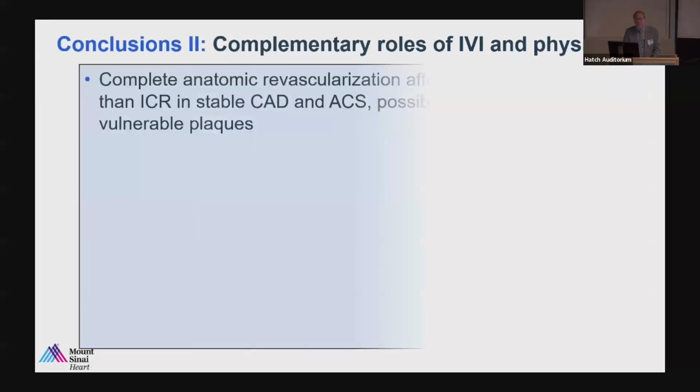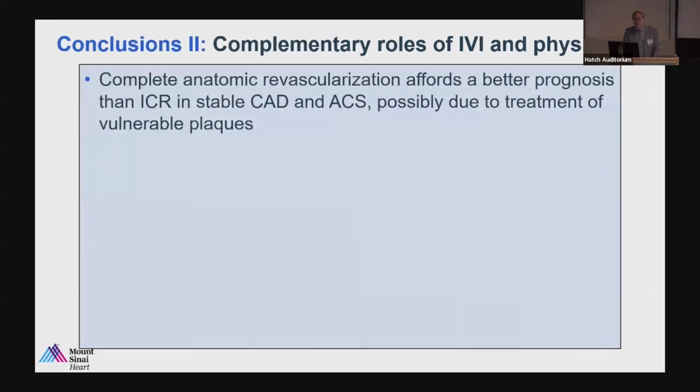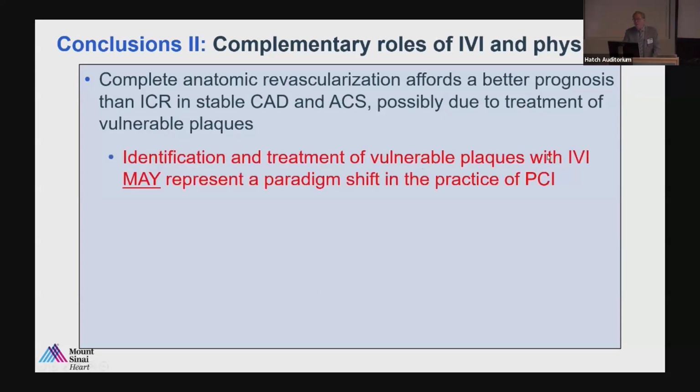Now, for the future, complete anatomic revascularization affords a better prognosis than incomplete revascularization. In acute coronary syndromes and STEMI, it's been proven. In stable CAD, we've got associative studies, possibly due to treatment of vulnerable plaques. And identification and treatment of vulnerable plaques with intravascular imaging may represent a paradigm shift in the practice of PCI.